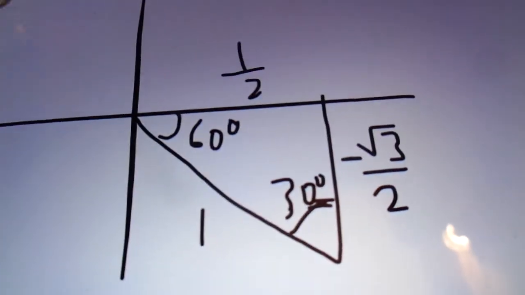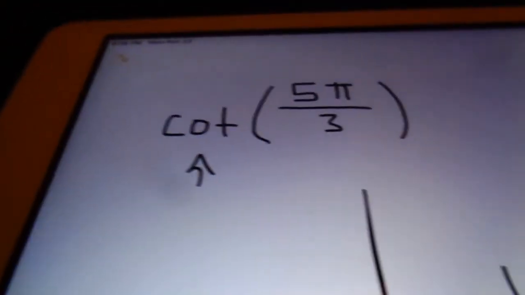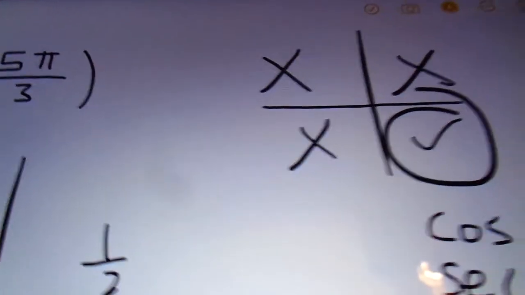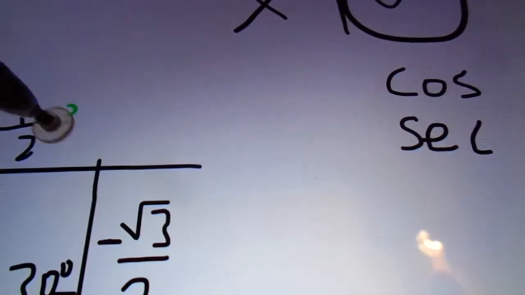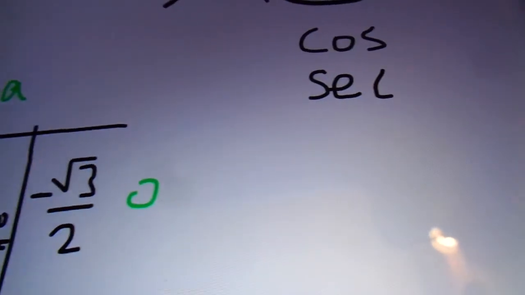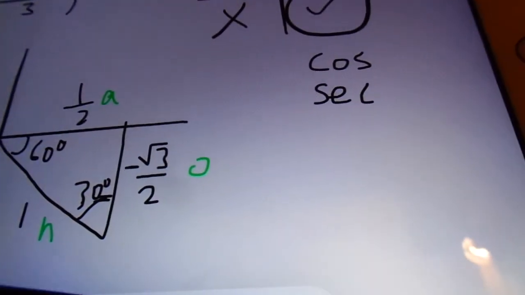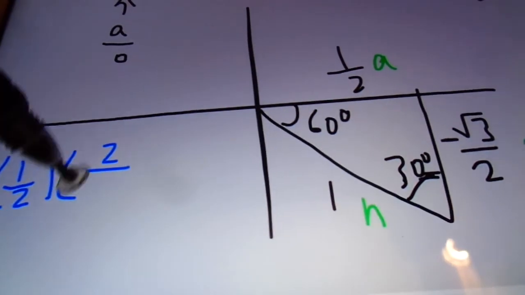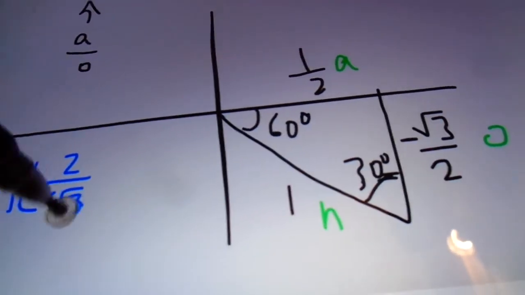And cotangent, if you remember, tangent is opposite over adjacent, so cotangent is adjacent over opposite. This is adjacent, this is opposite, this is hypotenuse. So 1/2 over negative square root of 3 over 2. We can flip this fraction and multiply because that's what we do for reciprocals. So we would have 1/2 times 2 over negative square root of 3.